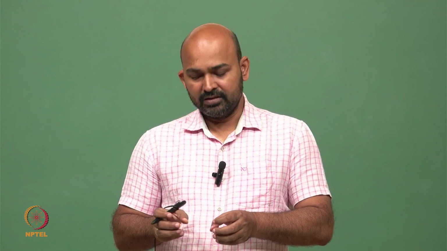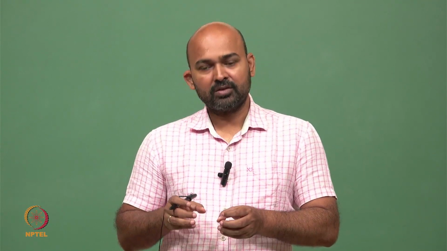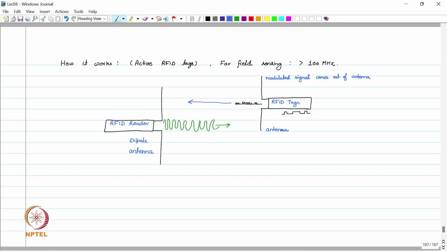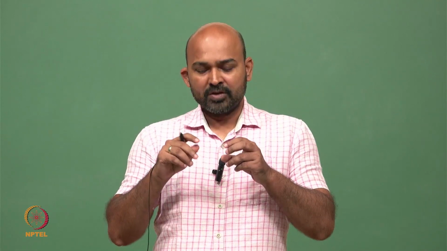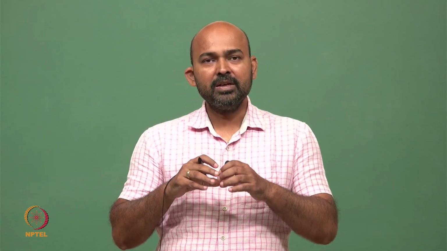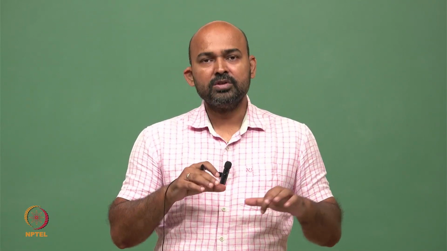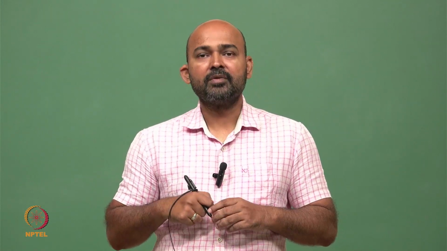This RFID key or the tag ID, this information is now mixed with high frequencies so that this frequency can be easily transmitted using these antenna placed on RFID tag.